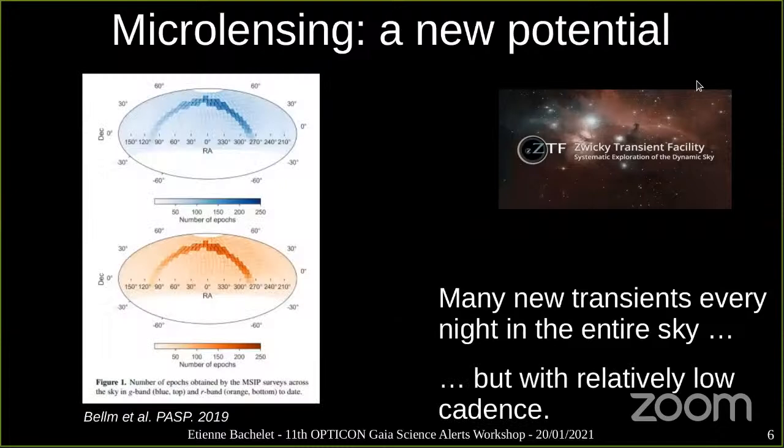But these surveys have a relatively low cadence. Here on the left, I plot the first year of ZTF observations, and we can see that most of the fields have a cadence of a few points per week, which can be not enough to catch a small planetary anomaly of duration of a few days.